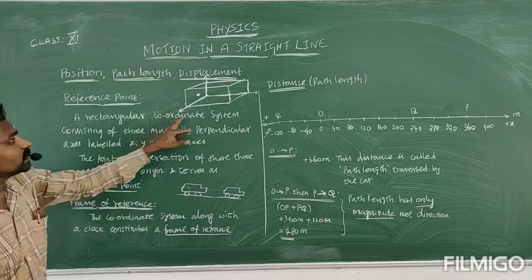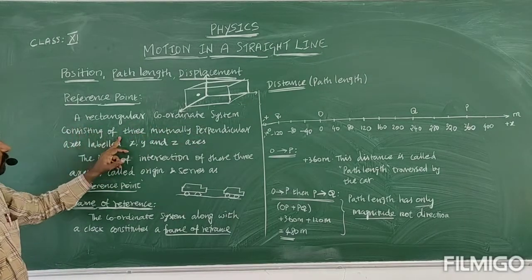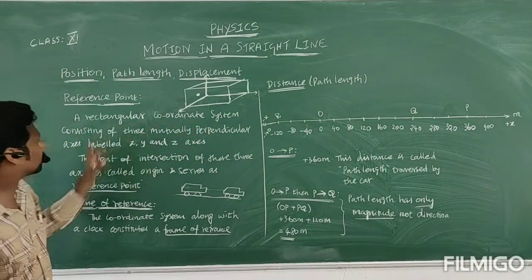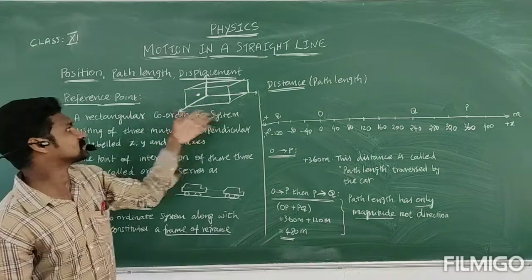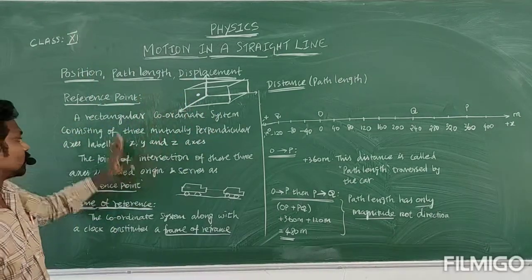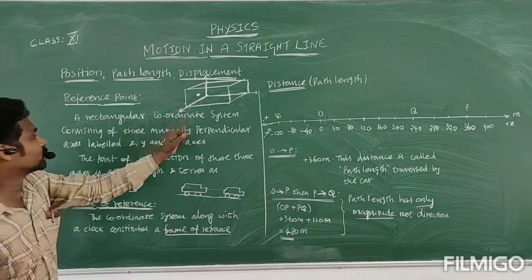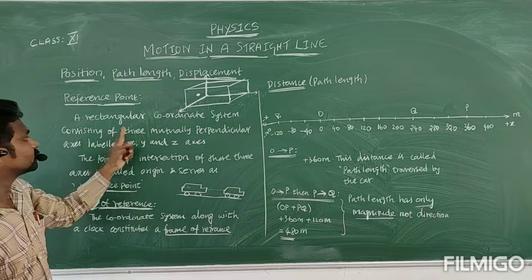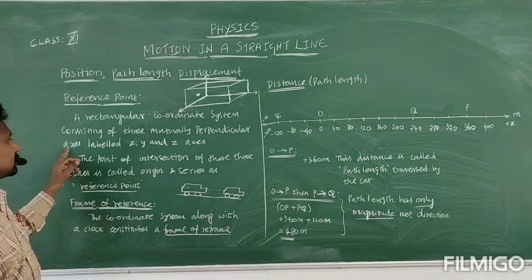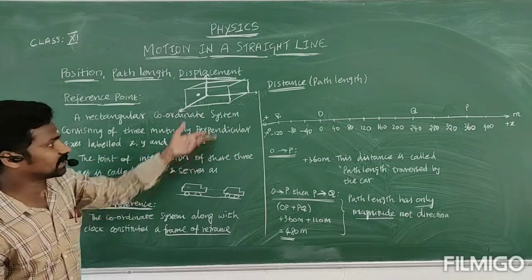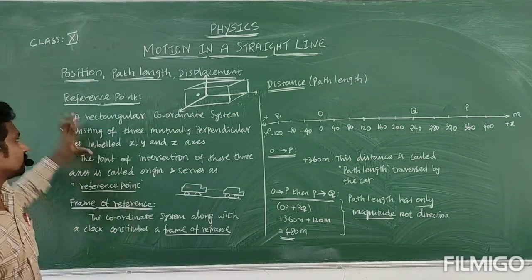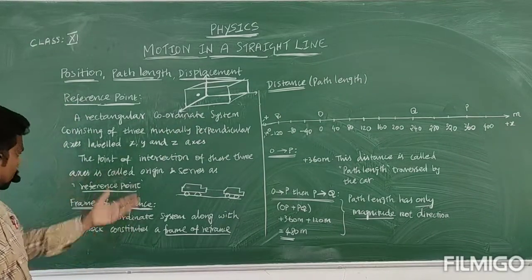A rectangular coordinate system consists of three mutually perpendicular axes, labeled x-axis, y-axis and z-axis.